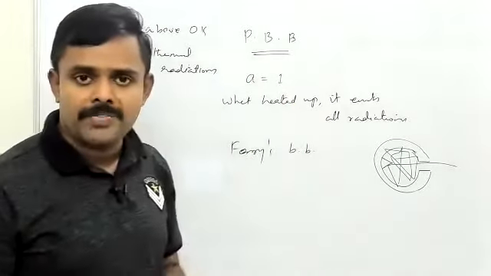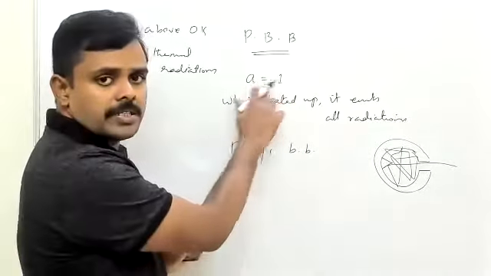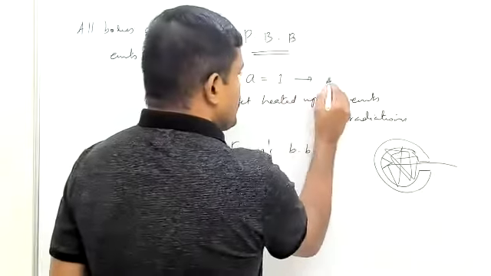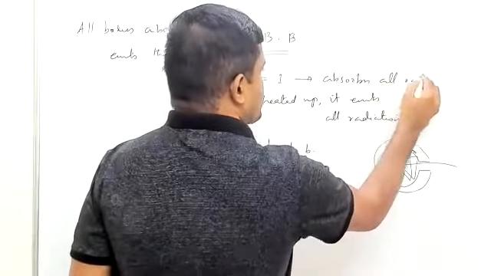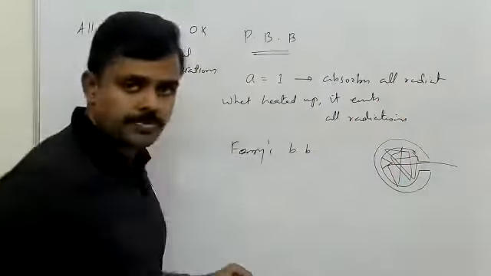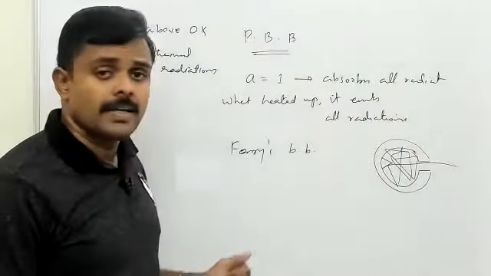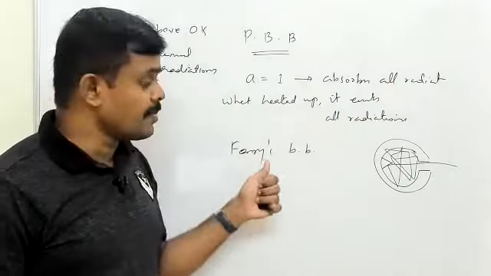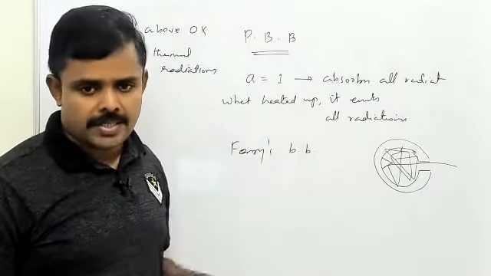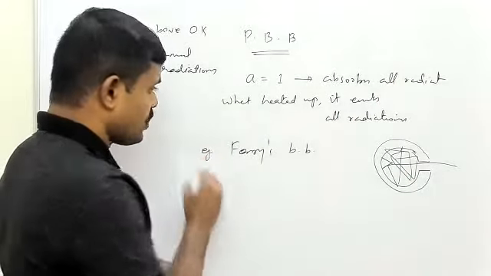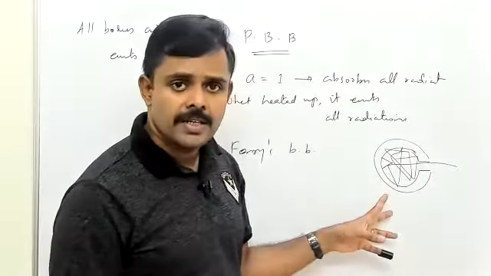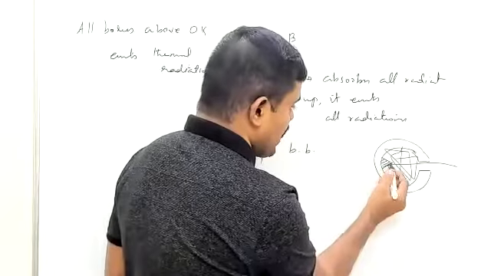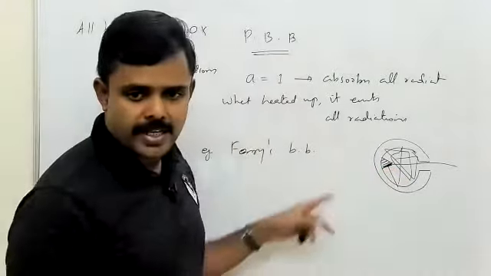Number one, what is a perfectly black body? Absorptance is equal to 1. That means it absorbs all possible radiations. And then, if it is heated up, it emits all types of radiations. An example is Ferri's black body. This is how Ferri's black body looks. There is a spherical cavity inside which we have a wedge, like a blade.